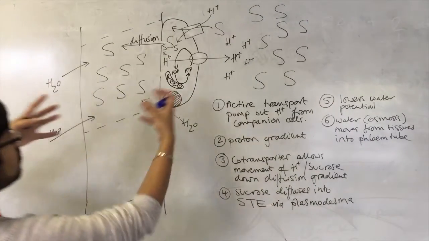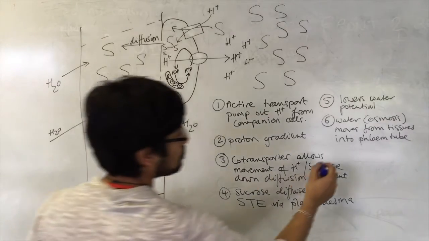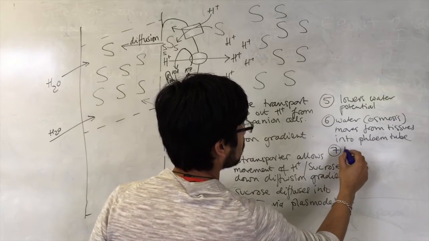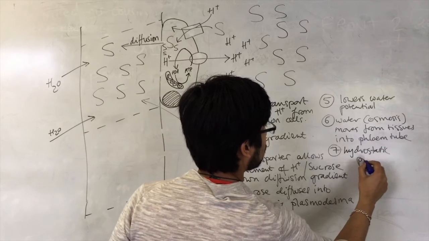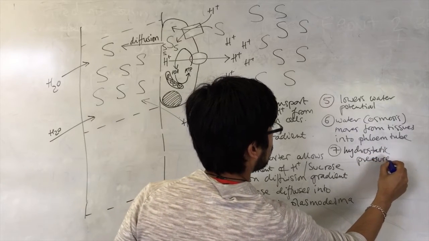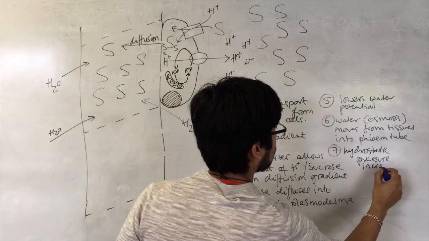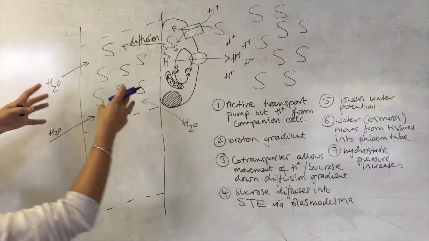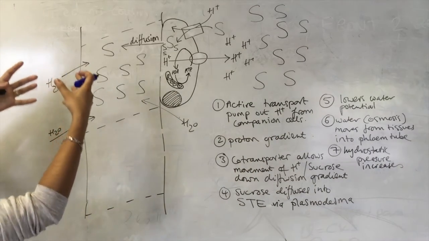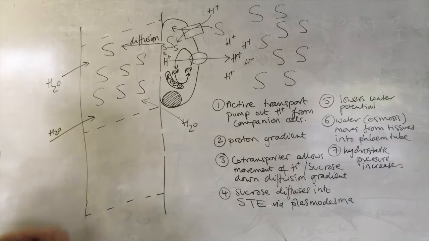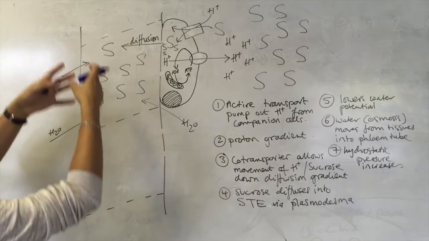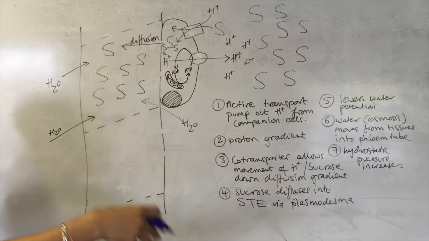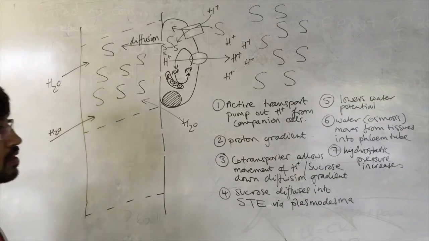Now, because of the movement of all this water into the Phloem tube, the hydrostatic pressure increases, okay, and that is what causes the flow or the movement of all this material towards the sink.